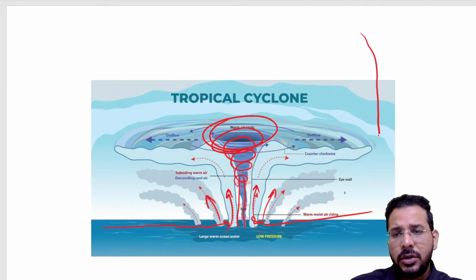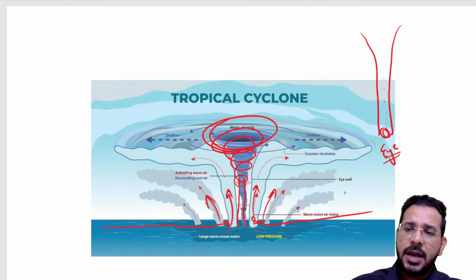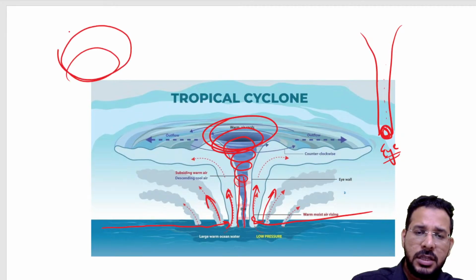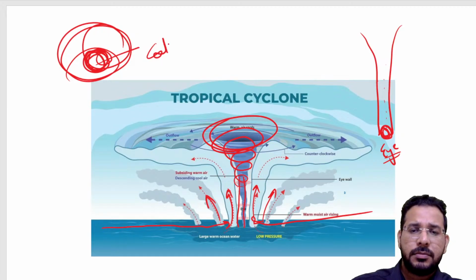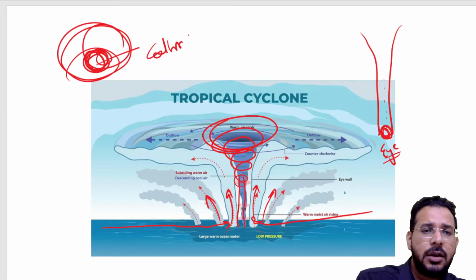If this cyclone is like a funnel, the region between this funnel is a calm region. This is called eye of cyclone. So whichever region has this eye, that region will undergo calm conditions, because the winds are rotating in this way. This center region is a calm region. It is called eye of cyclone.